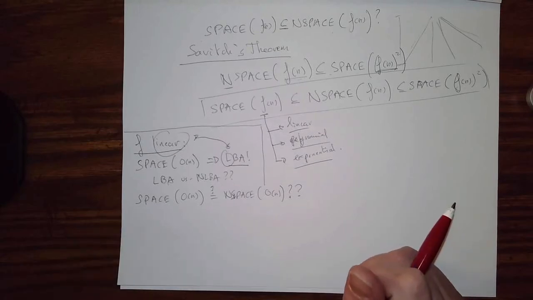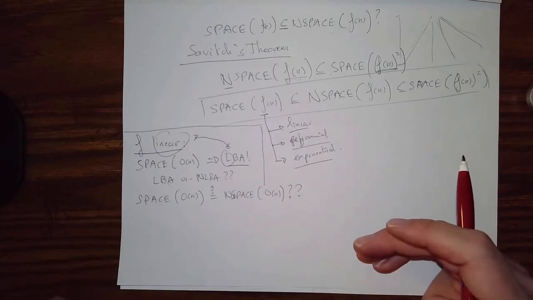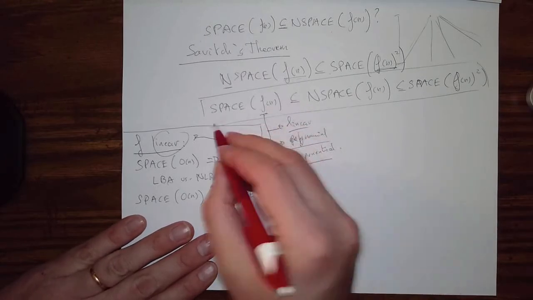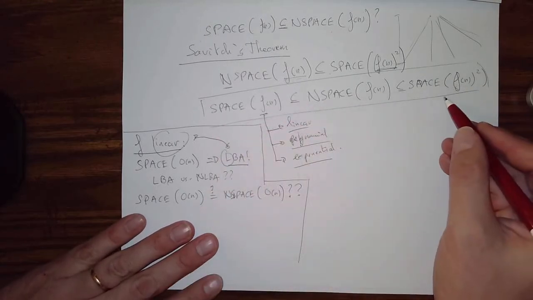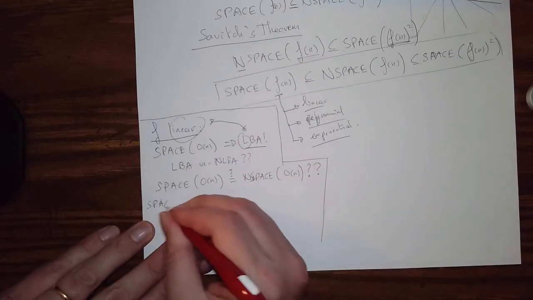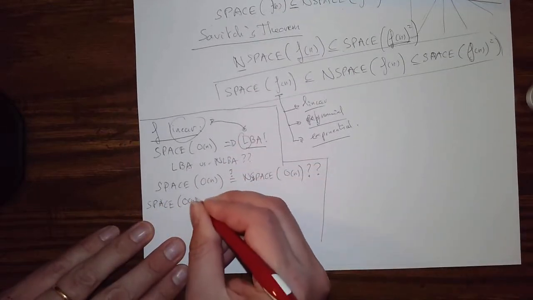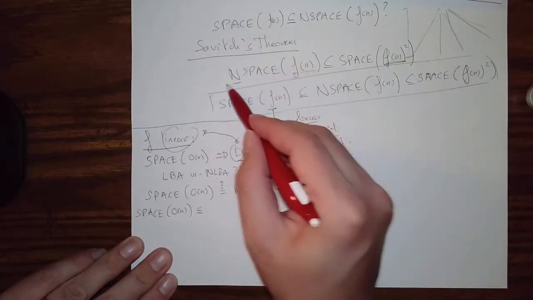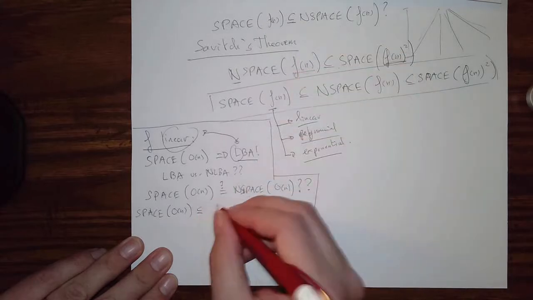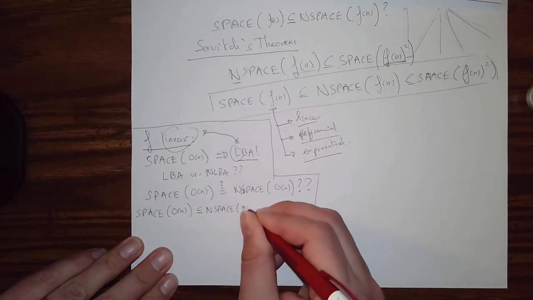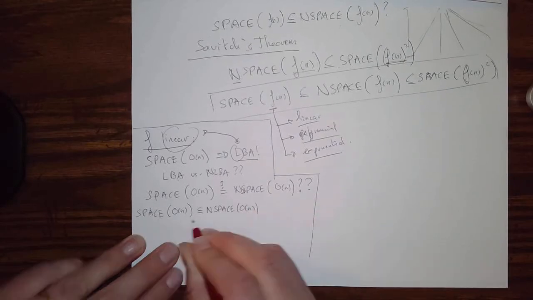Now let's look at Savitch's theorem for f linear. What does it tell us? If we put this into our linear context, we have SPACE O of n. Then NSPACE O of n, and I say this is obvious.